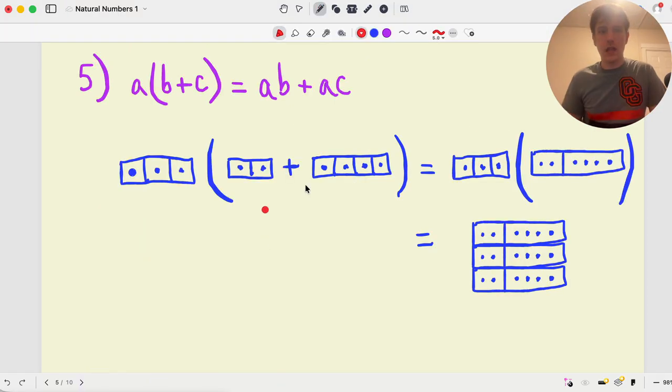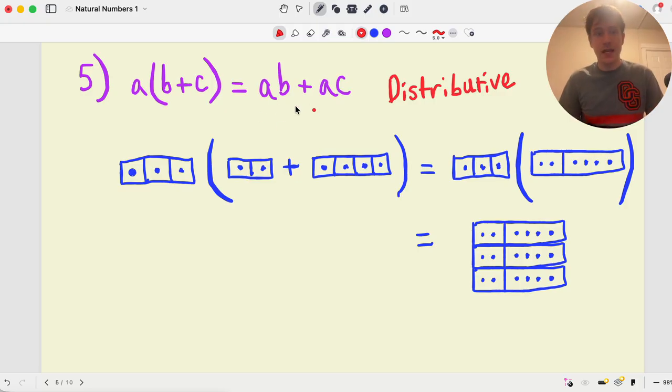And the last law that I have is the distributive law, which is significant because it combines the addition and multiplication operations. And what the distributive law states is that the overall structure, when I'm trying to multiply and add, is maintained by whatever's inside the parentheses.